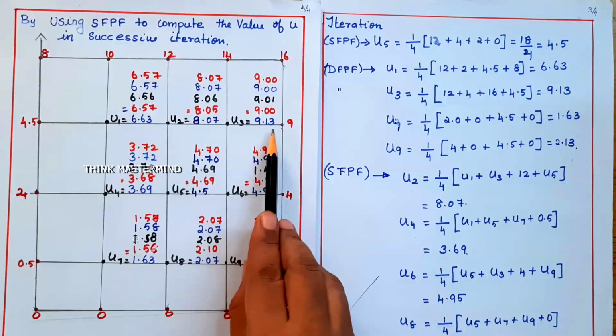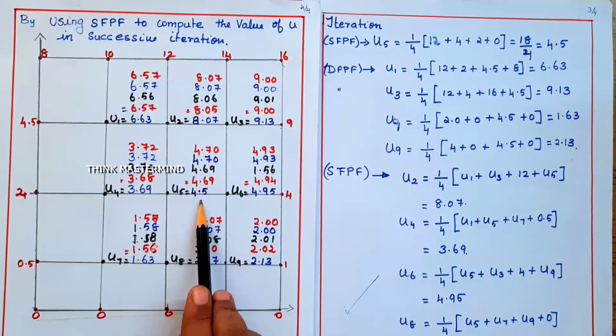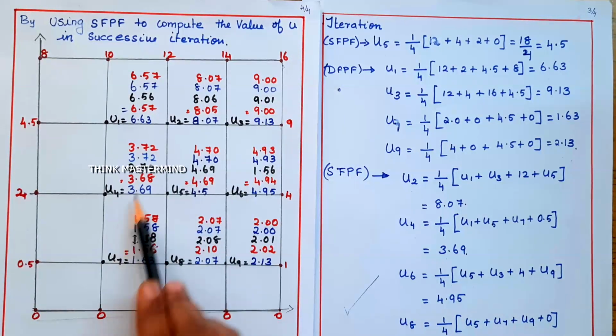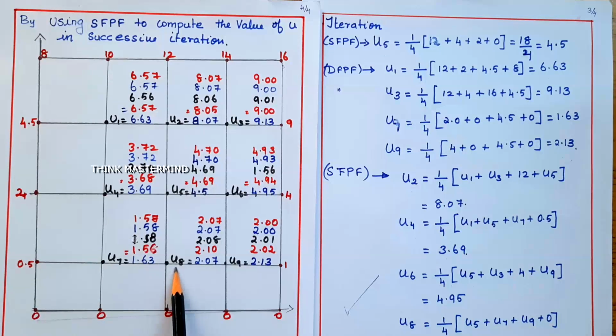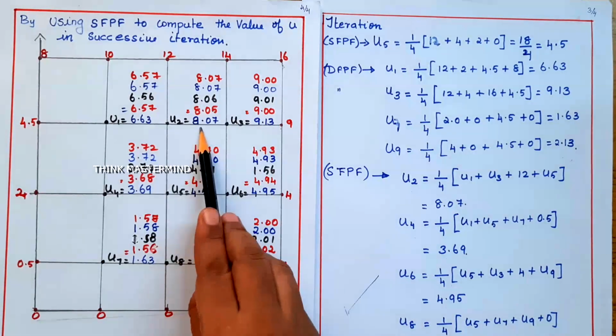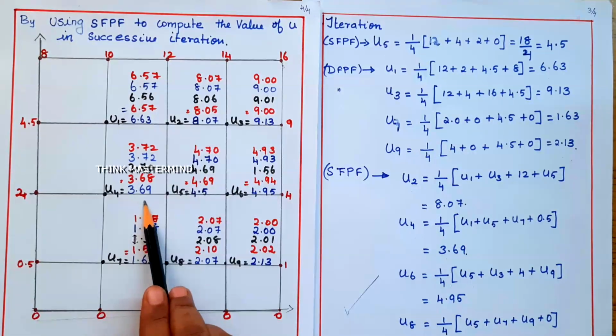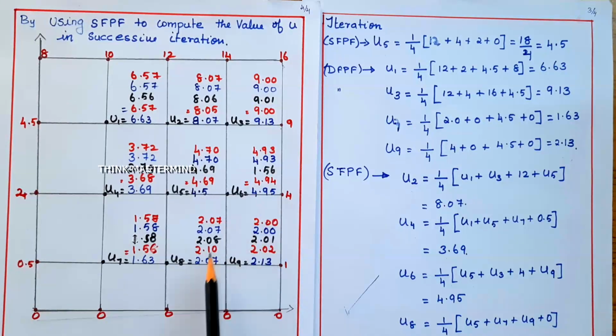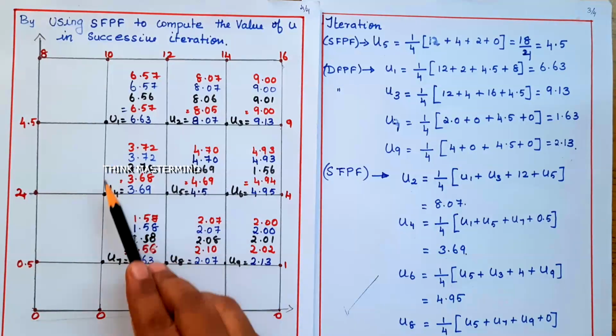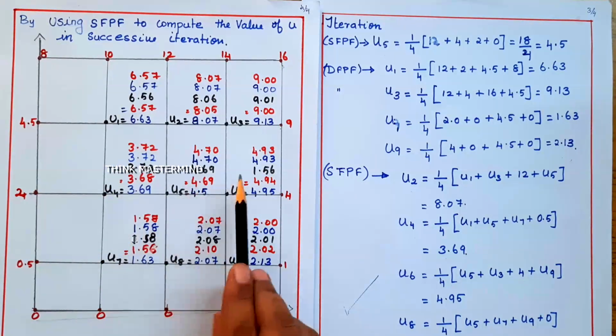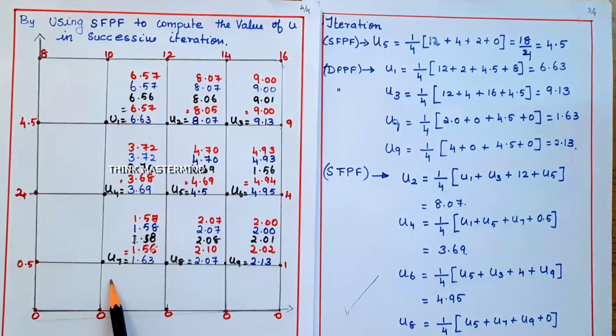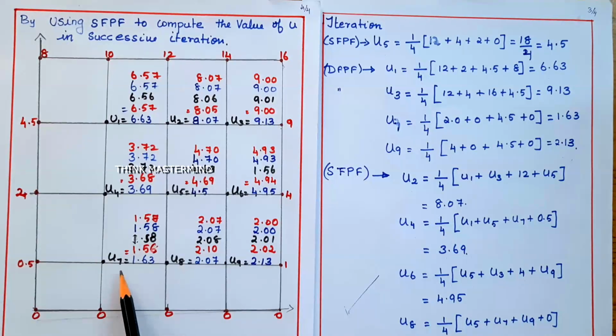Similarly, the initial values of u2, u4, u8, u6 are 8.07, 3.69, 4.95 and 2.07. Now you know the initial values of u1 to u9. Hereafter we have to find the convergence value of u by using the standard 5-point formula.